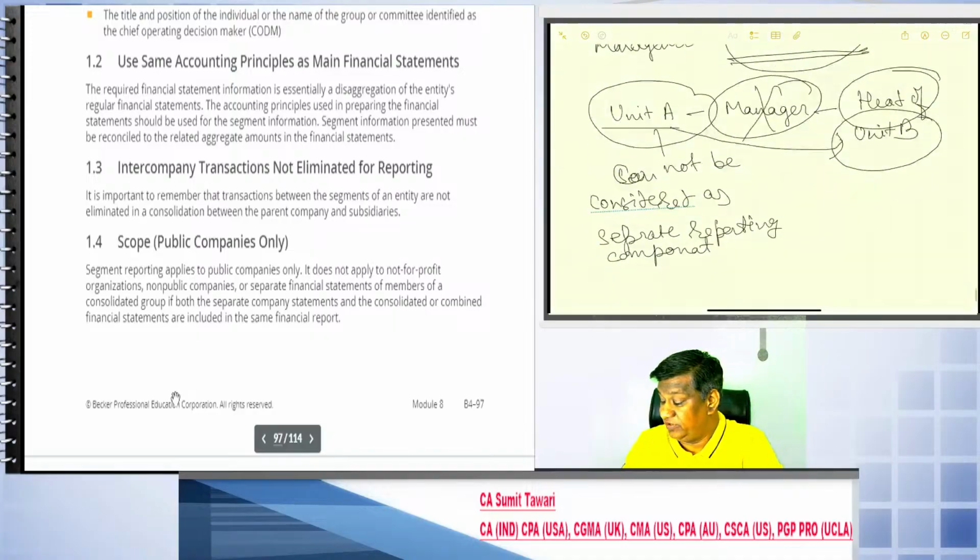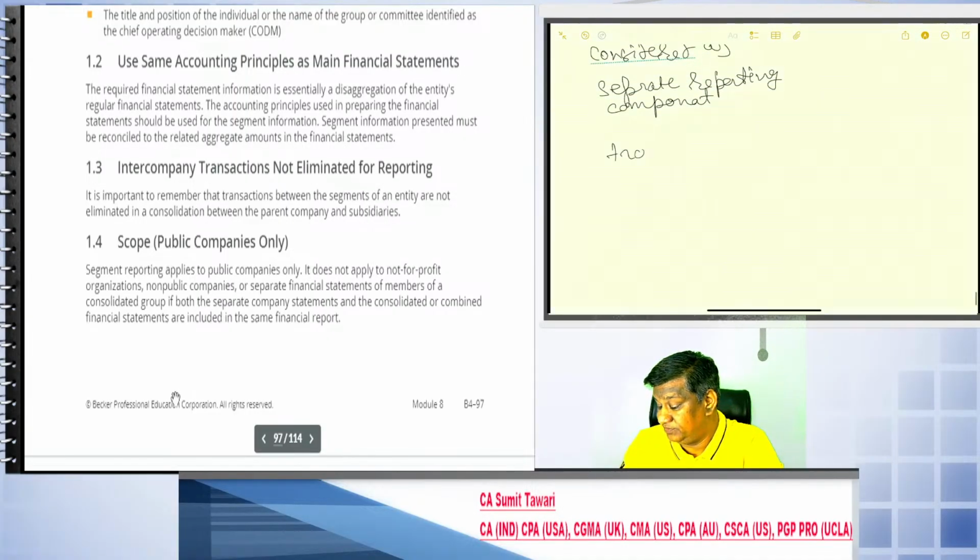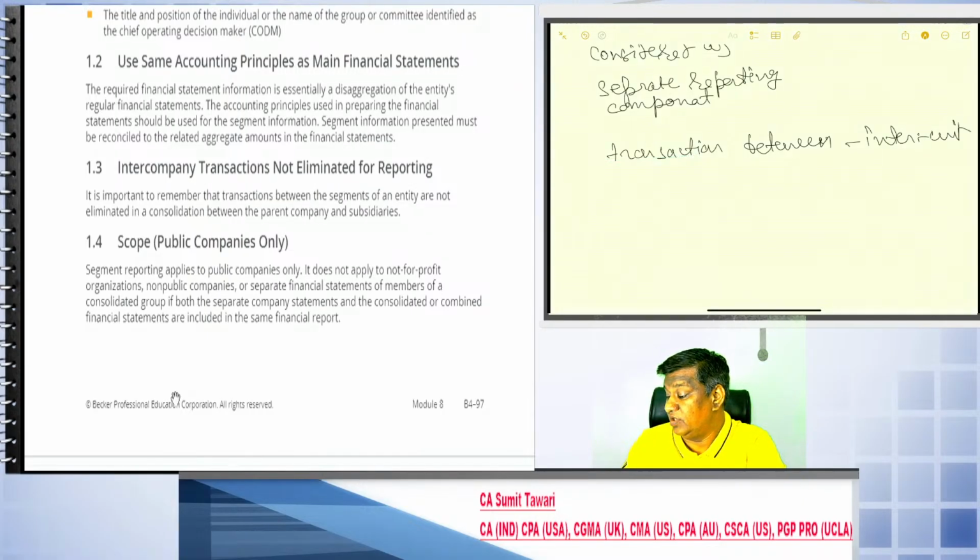So if there is a transaction between inter-unit, okay, you should not eliminate it, because you need to justify the performance of the unit. So that's why you need to consider all inter-unit transactions as well.